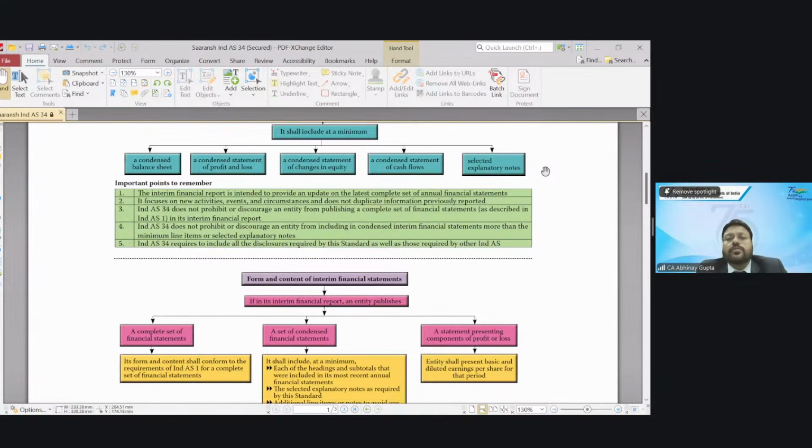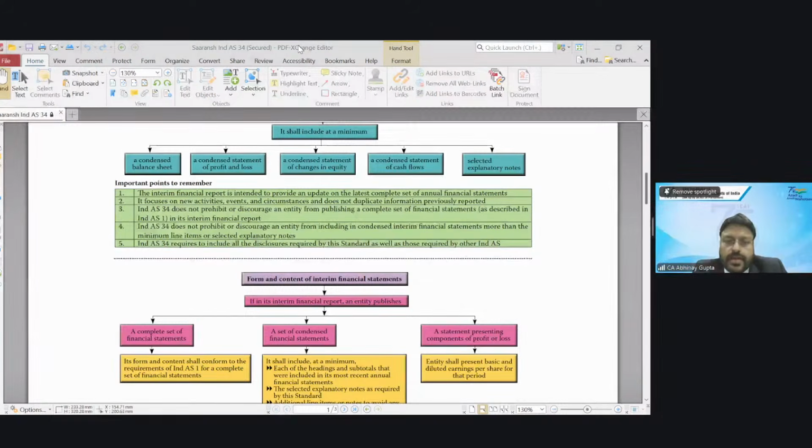So do we need to give all the notes in our quarterly results? No, only selected important notes to accounts, which are critical to be given into the results so that users of the financial results will be able to understand and comprehend the results better way, right? So that's the objective. We are not going to write unnecessary information on the results, right?